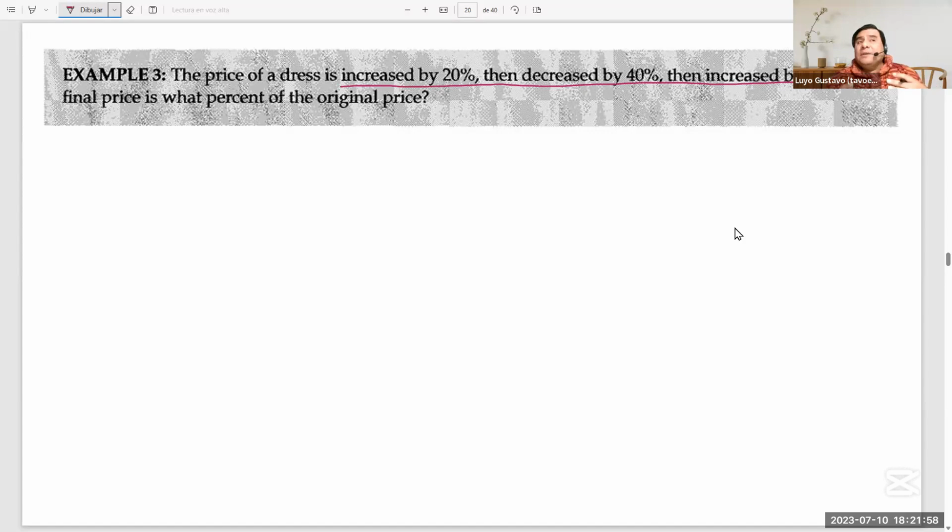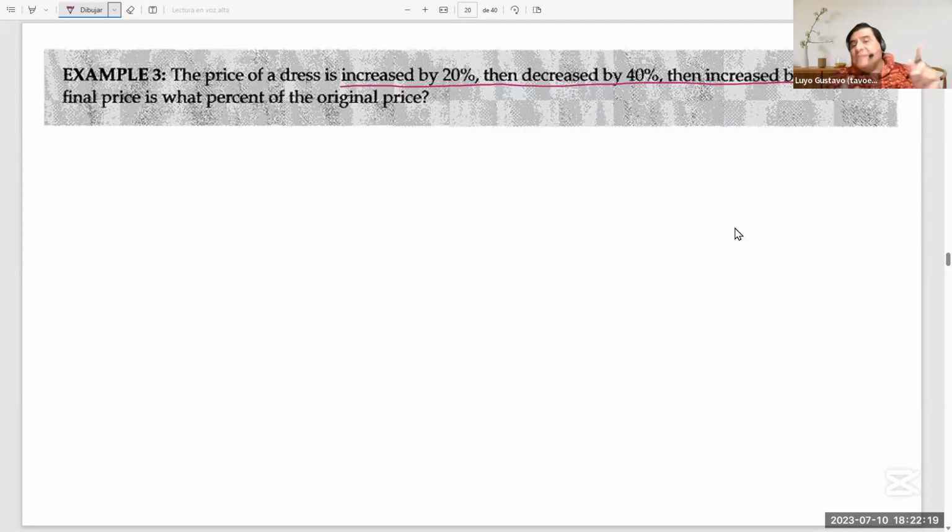How can we process this? Instead of trying to, for example, define some price for a dress and then find the price increased by 20, then by 40, then by 25 in 3 consecutive stages, that would take forever. So don't do that in the SAT.